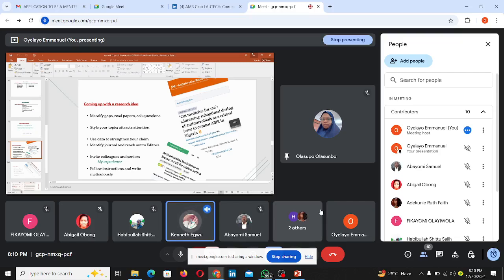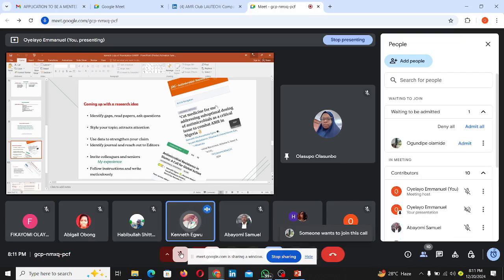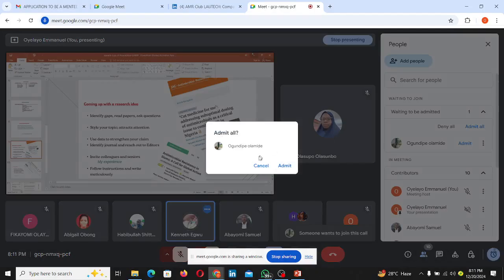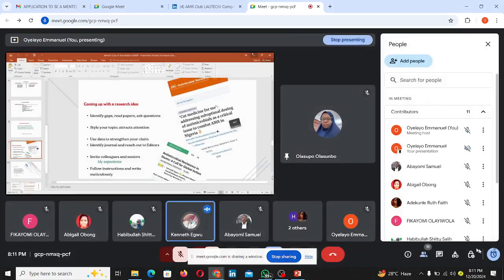So if you want to come up with a research idea that has enough visibility, or also describe the creativity that you as a writer bring to the paper that you are writing. Although most times it depends on journal specifics, it's also a way of getting people's attention.